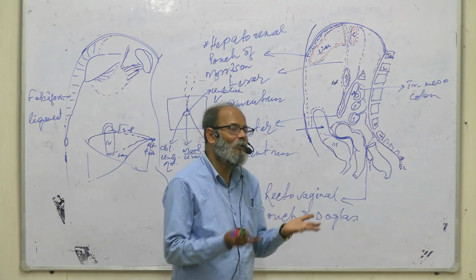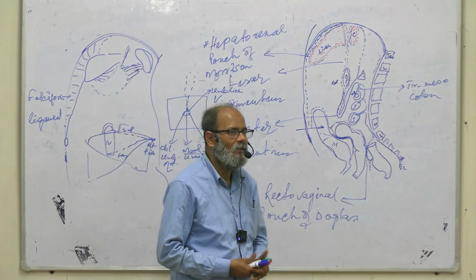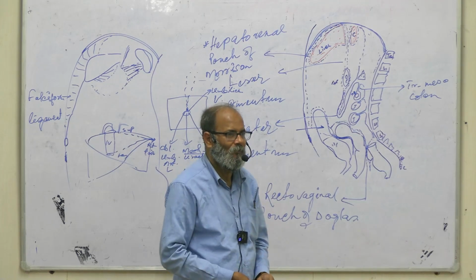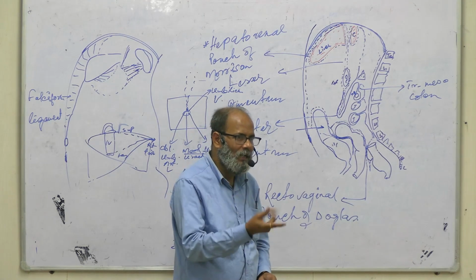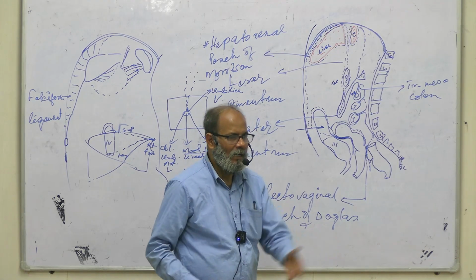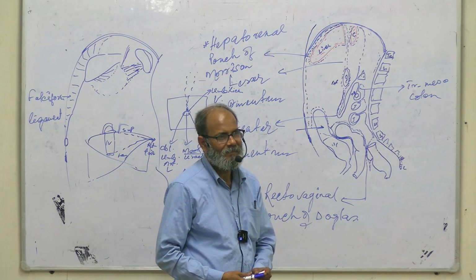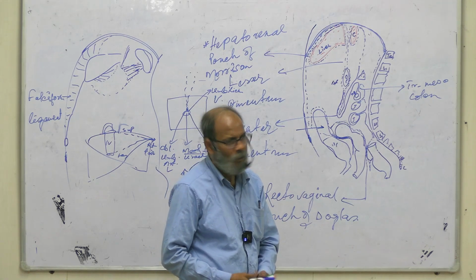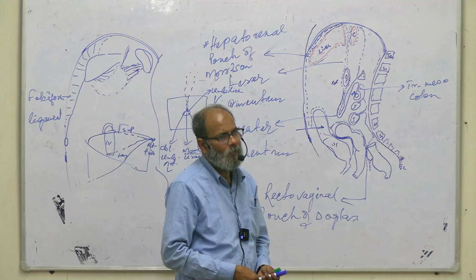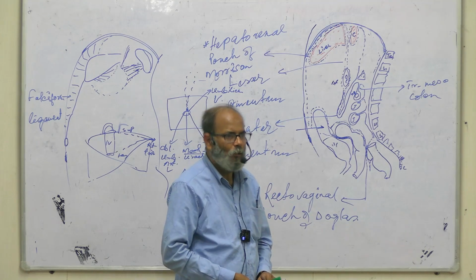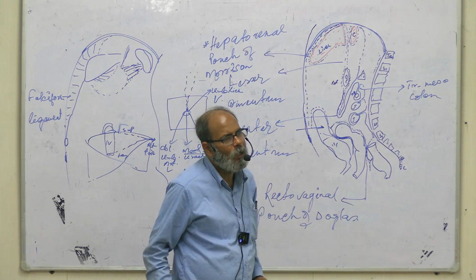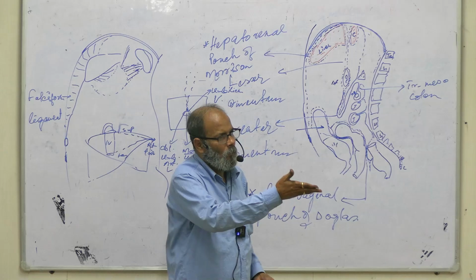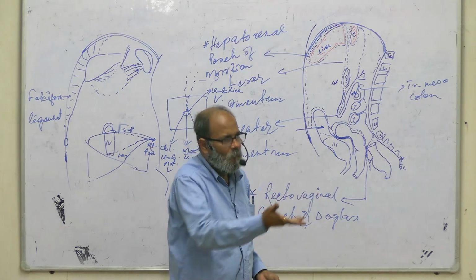Rather, the weight of the gravid uterus is supported by whom? Behind, by the rectum, in front, by the bladder. Got my point? So these are two folds separating the uterus from the bladder. And correspondingly, you can understand well for the male reflections also.